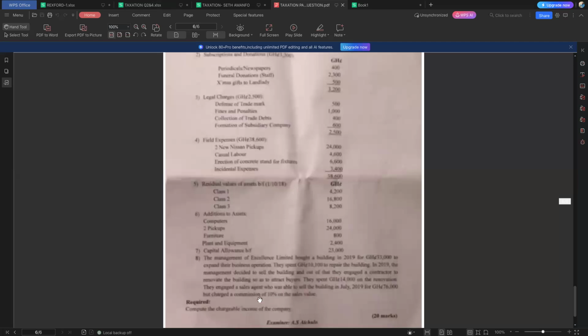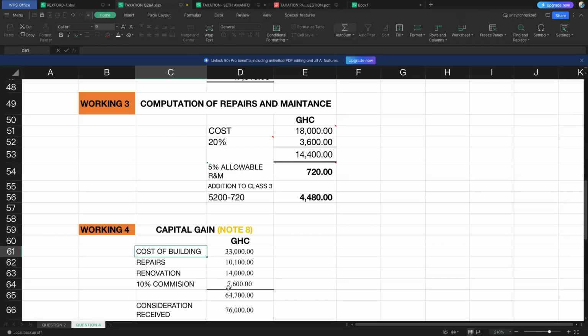So the commission the agent charged was 10% of the 76,000 at which they sold the building. What is 10% of 76,000? 7,600. So that's it over there. 7,600, 10% commission.